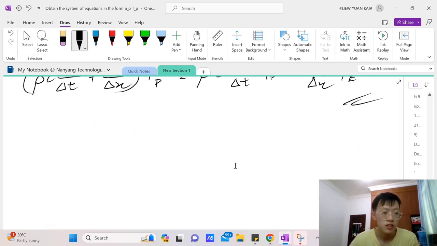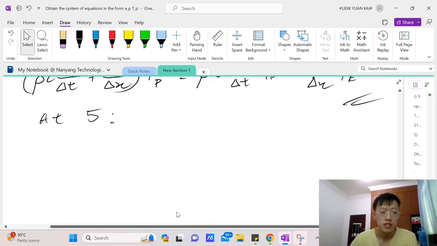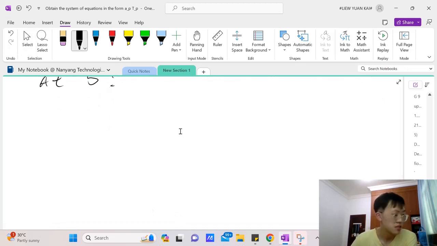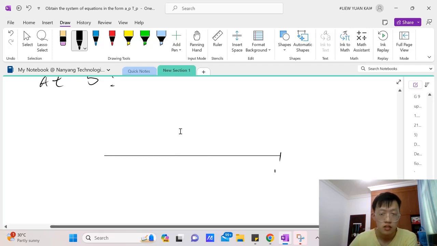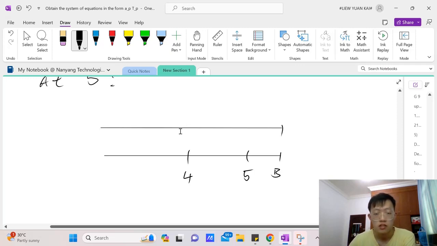Now we move on to the next boundary, which is at point 5. Same thing, first thing first, we draw the sketch. So this is 5, this is 4. Then we draw the general template.